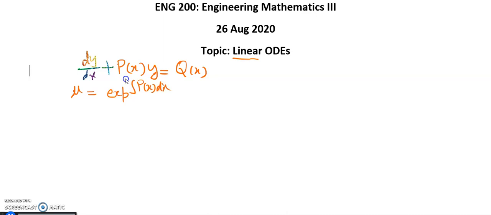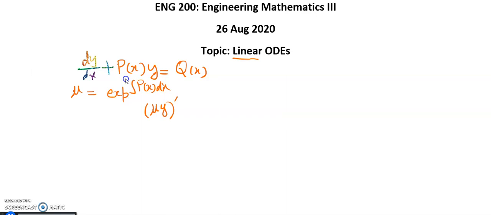When we use this integrating factor, the left hand side of this equation becomes mu times y prime from the product rule.